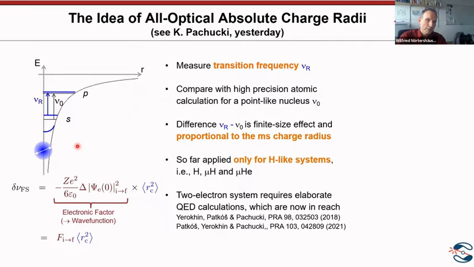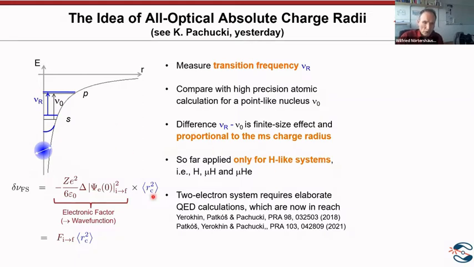If you can calculate the transition frequency in such a helium-like system for a point-like nucleus, and compare that to the real transition frequency, then we are hopefully very soon in a position to extract the absolute charge radius directly from the transition frequency measurement.